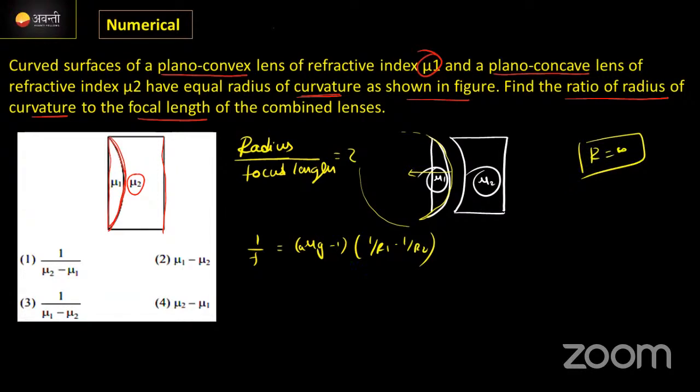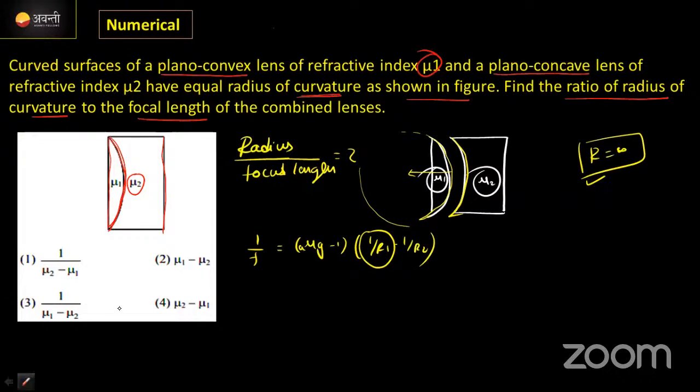Correct? That's why you take only one thing here, R1, from this one. Similarly, if you write for the second one also, for the concave surface we get the radius. First one. For the plane, again it will be infinity. Correct?